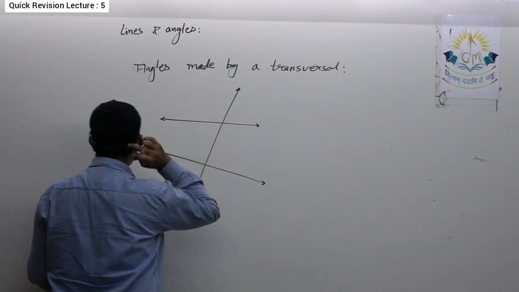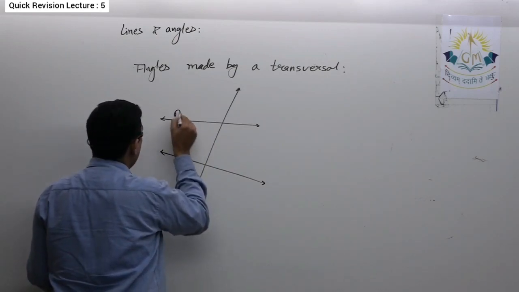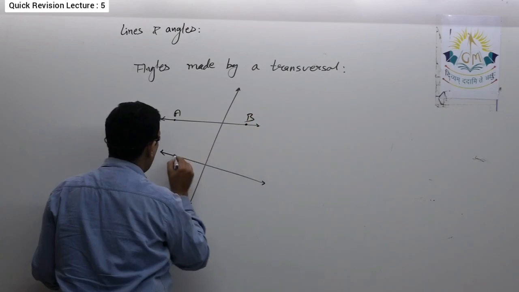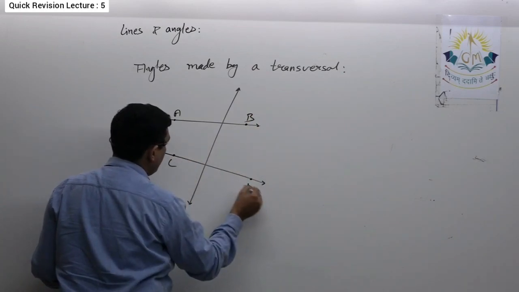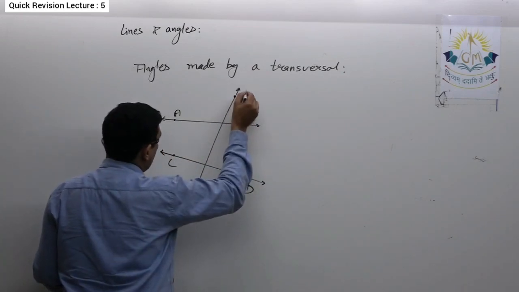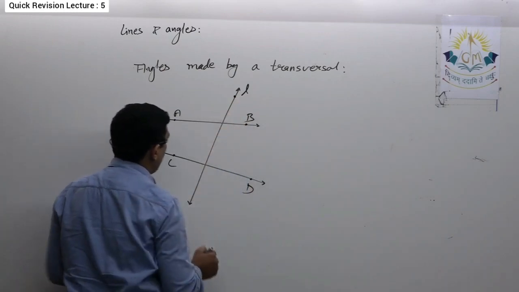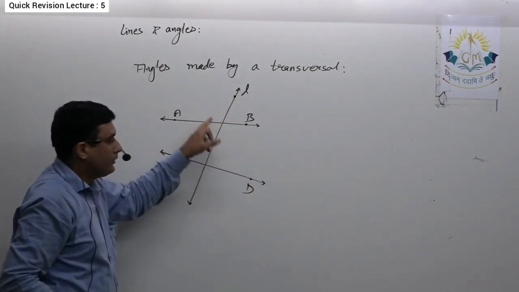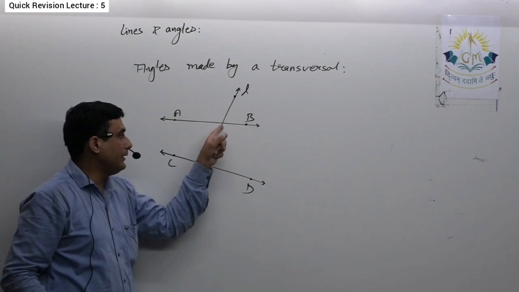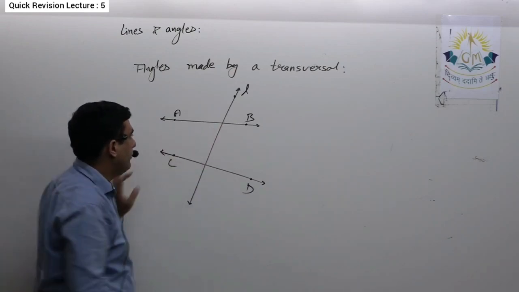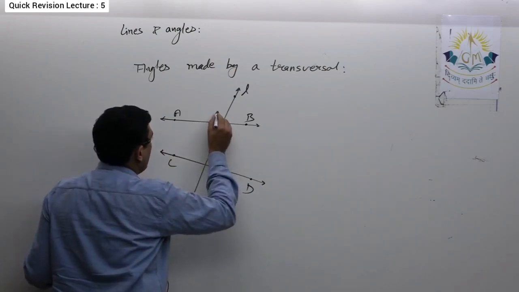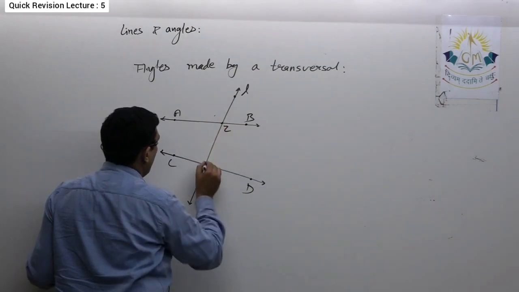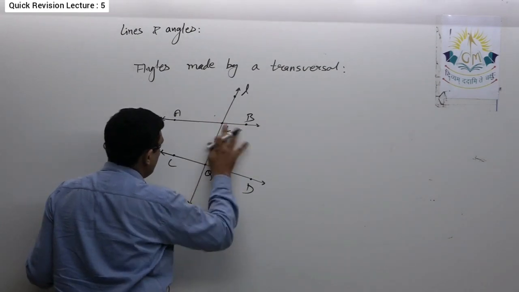Okay, suppose we have a line AB and we have a line CD. Now this line L is called the transversal for AB and CD because this L intersects AB and CD at distinct points. Here let it intersect at Z, and over here let it be Q.